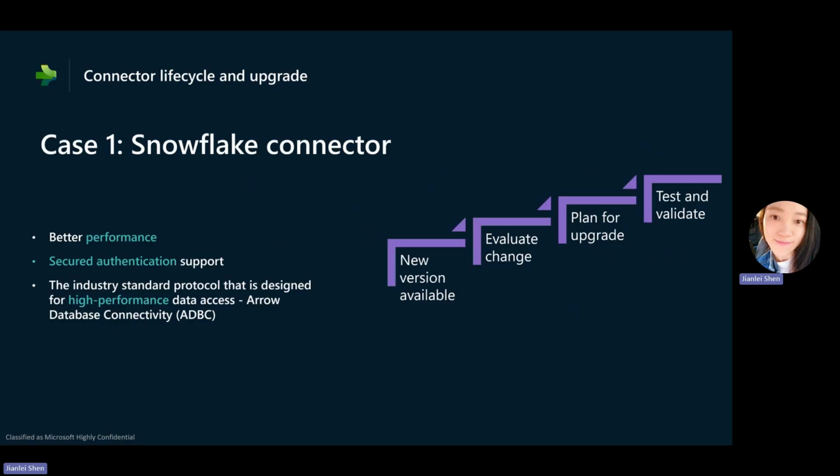Of course, we worked together with the Snowflake team to offer more secure authentication in Snowflake v2: key pair authentication. With the upcoming deprecation from the Snowflake side of username and password authentication later this year, 2025, using the latest key pair authentication will help you mitigate any security risk.